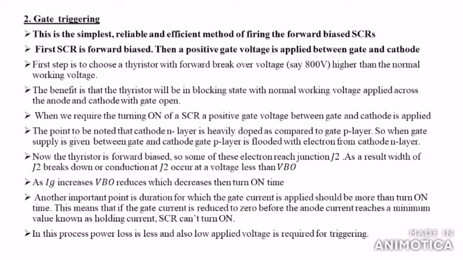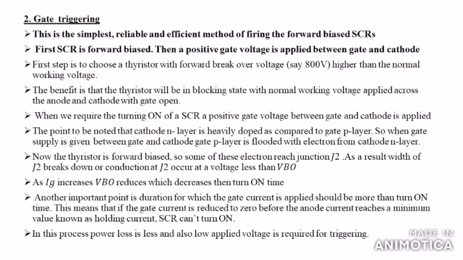Now we apply a voltage across the gate and cathode terminals. Whenever the voltage is applied across the gate and cathode terminals, the gate current will start flowing through the device. This gate current will inject excess electrons into the depletion layer, that is the inner junction J2. As a result, avalanche breakdown will occur at junction J2, and the device will start conducting.